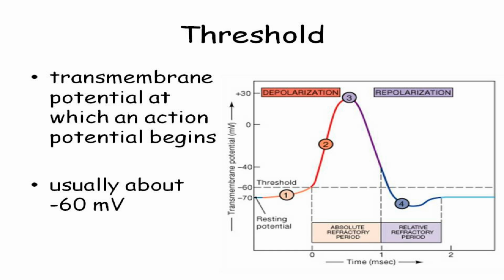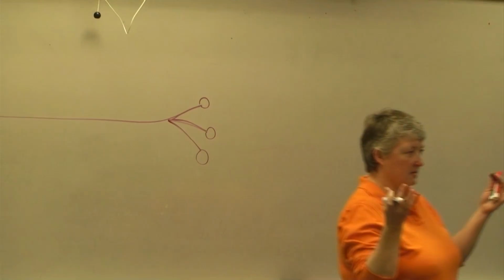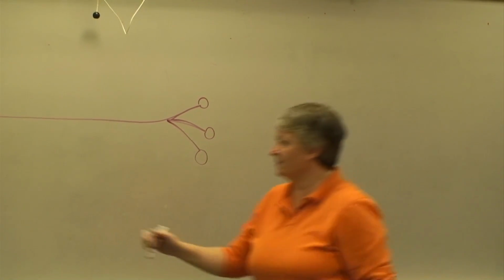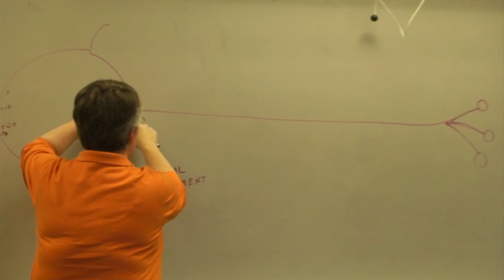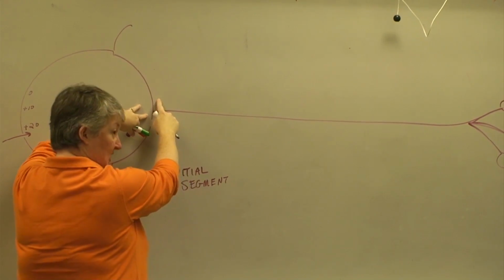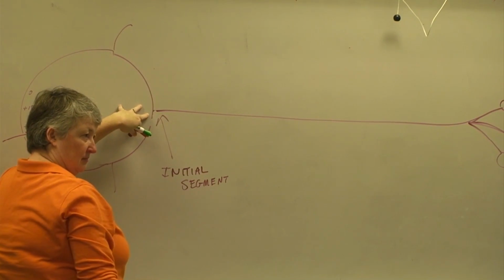And usually that's about minus 60 millivolts. Resting membrane potential is usually about minus 70. So you've got to get this initial segment to get to about minus 60. That's threshold.